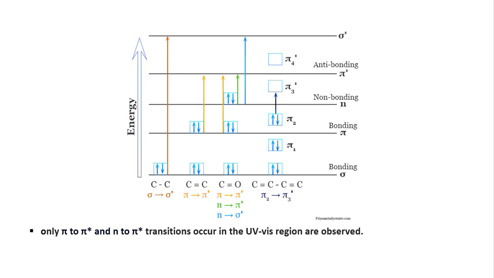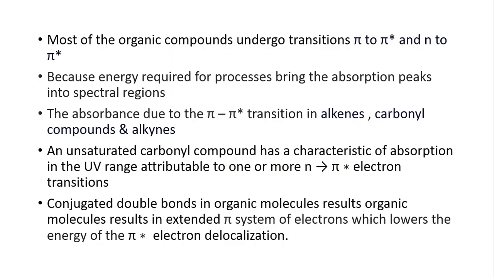We also call them conjugated bonds, and also some of the functional groups. So the absorbance due to pi to pi star transition happens usually in alkenes and carbonyl compounds and alkynes, whereas n to pi star transition happens in the unsaturated carbonyl compounds.